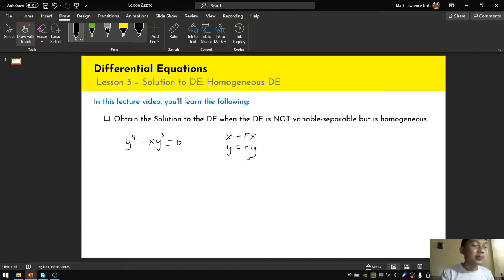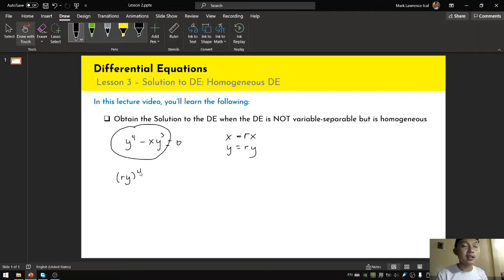The goal is very simple: if you can manipulate the function so that you go back to the original one after substituting, then it is homogeneous. Let's try this one. Y is ry, so it's ry raised to the fourth, minus rx times ry cubed equals 0.